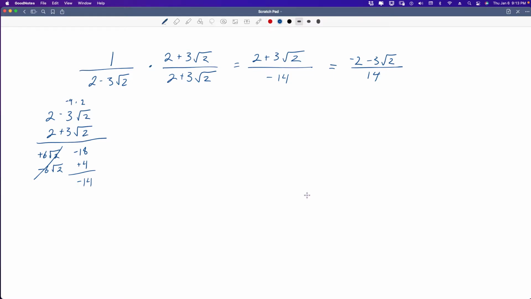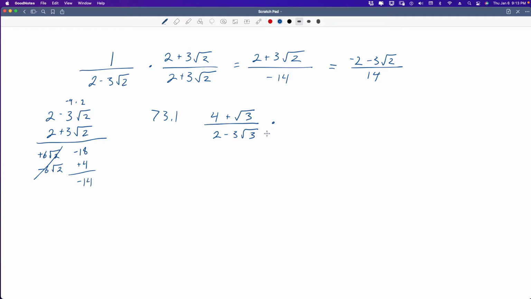So let's move on and do a practice problem. Let's do 73.1. And it is a little bit more complex. We have 4 plus square root of 3 on top. And then we have 2 minus 3 times the square root of 3 on the bottom.